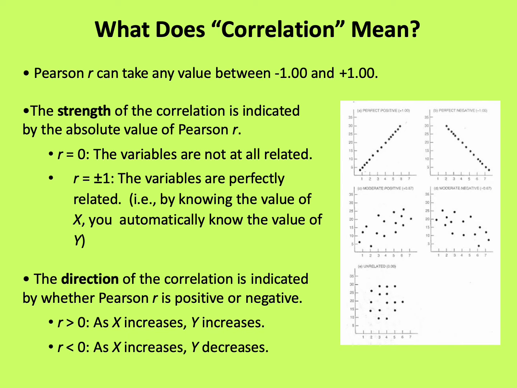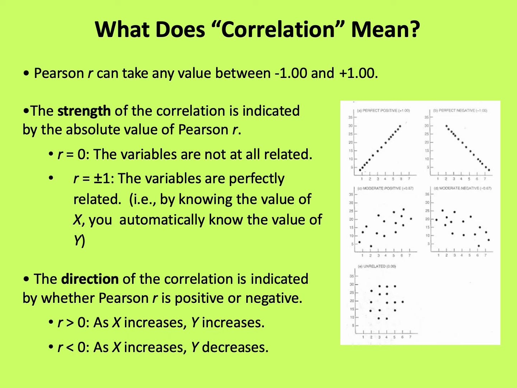The number itself indicates the strength of the relationship. If r equals 0, then we would assume the variables are not at all related, whereas an r of positive or negative 1 means that the variables are perfectly related.